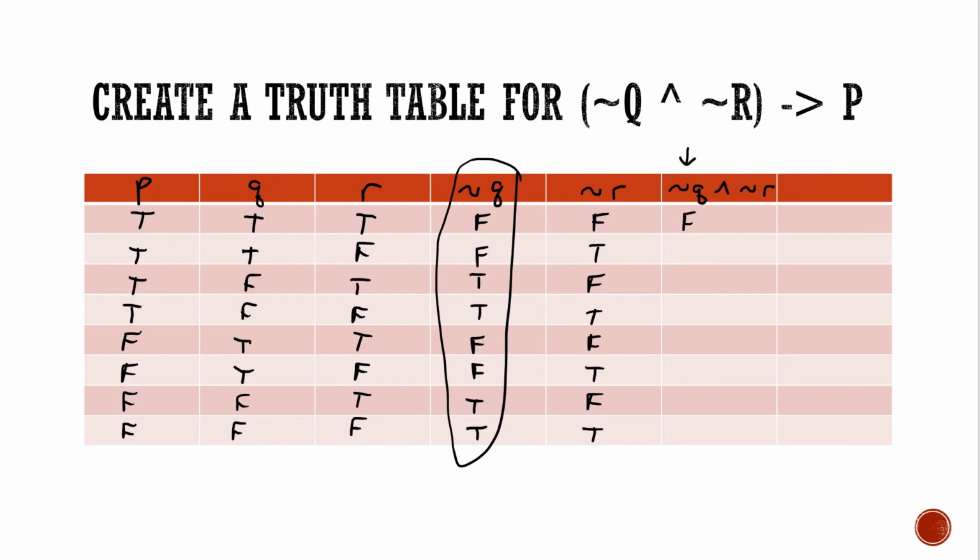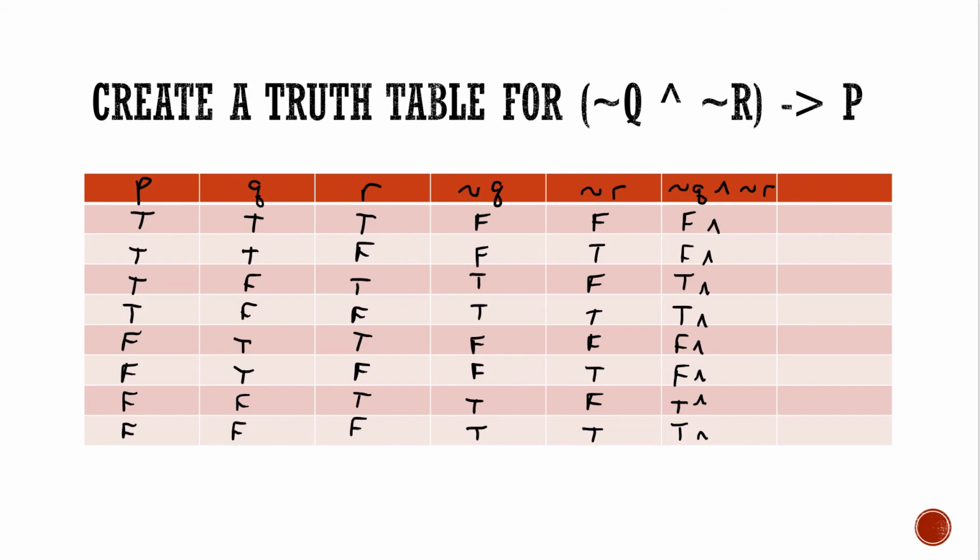So I'm going to have F, F, T, T, F, F, T, T. I'm going to put my and symbol. And then I need the negation of R. So I'm going to come back over here and get these values and copy them. So false, true, false, true.